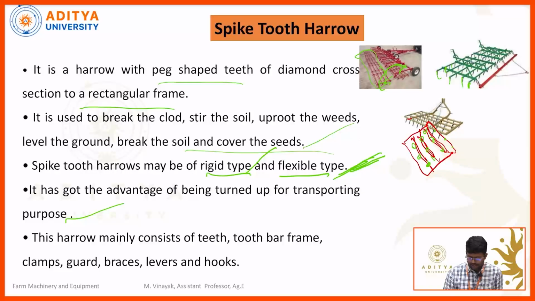These mainly consist of teeth, tooth bar and frame. These are the teeth, and this entire section is called the frame, with clamps for connecting the teeth to the frame. By using the clamps we can connect guards, braces, levers and hooks.